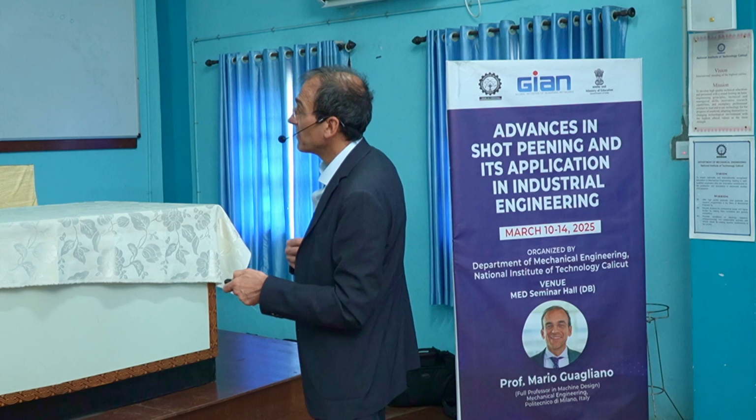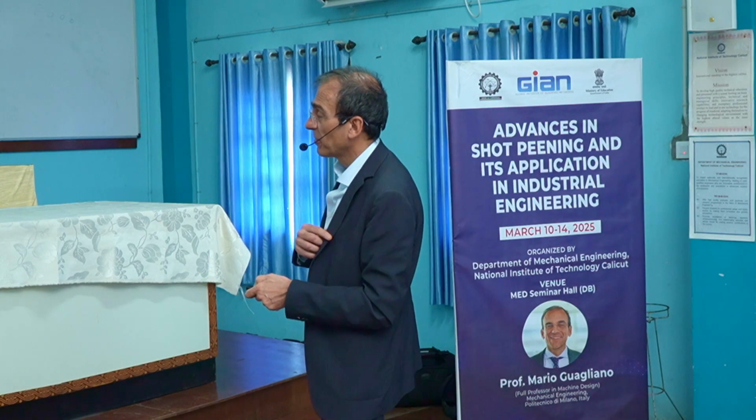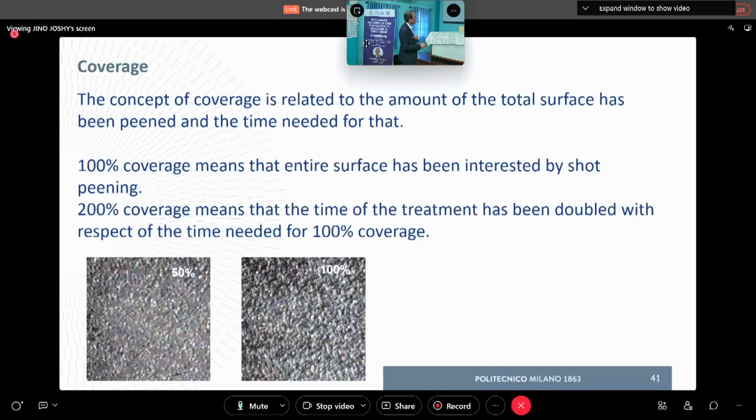Here, maybe it is not very clear, but probably in the paper it is more. Here there are two pictures taken with 50% coverage. This means that around one half of the surface has been peened and the other half is still unpeened, and then 100% coverage. By looking at the figure, the difference is clear.